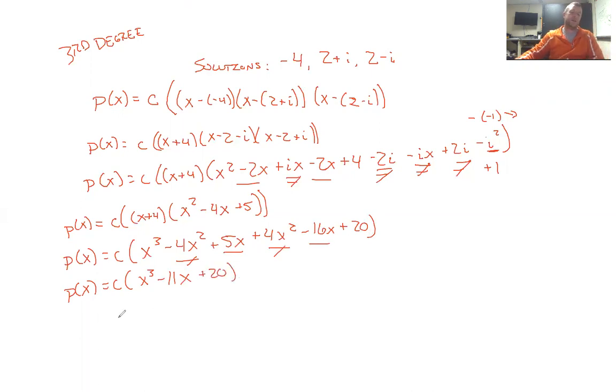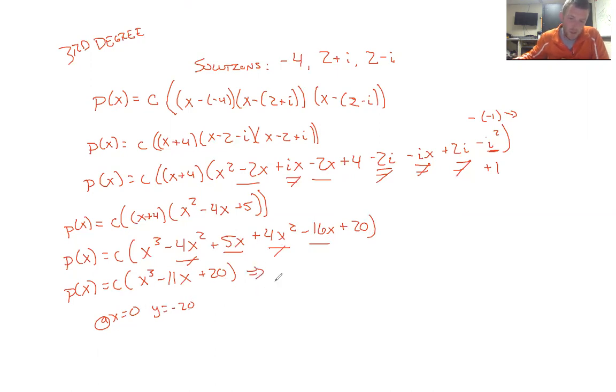Now I am almost done, except I got to find the c. Okay, now it says y-intercept is -20. The y-intercept is -20. Okay, so that means at x equals 0, y needs to be -20. Okay, so I need to plug x equals 0 in and my y value here.